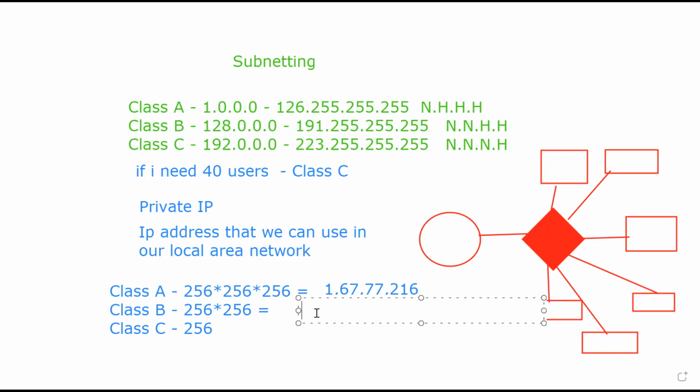Then 256 into 256 is 65,536. Now we check the population of the world. Let me check.